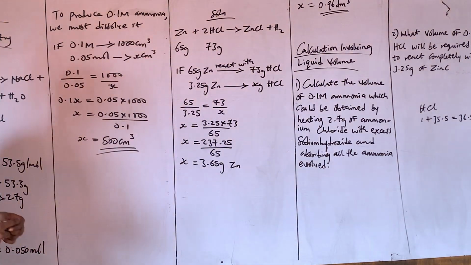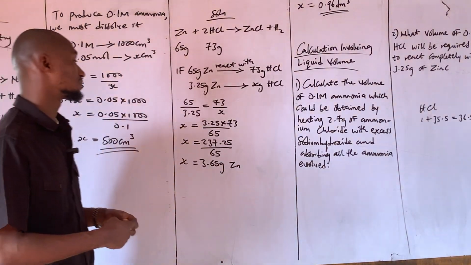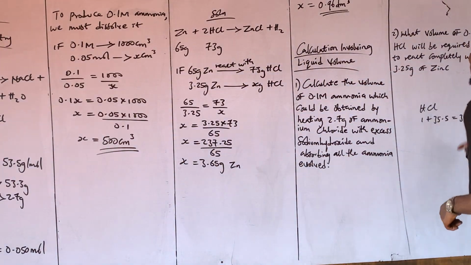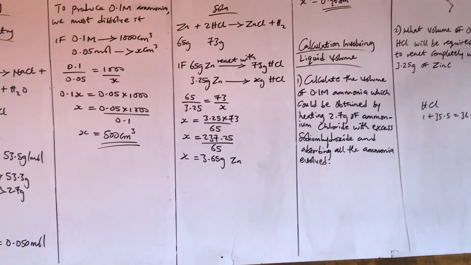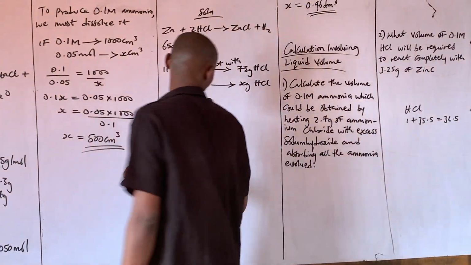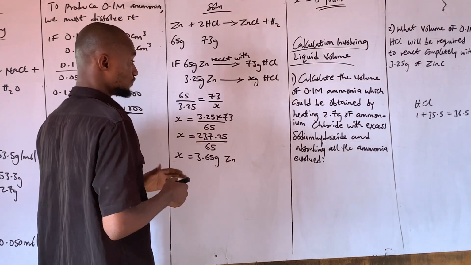Now, we say we need to convert the mass of HCl to volume of 0.1 mole solution. I think I will complete it there, but I believe you heard what I said.